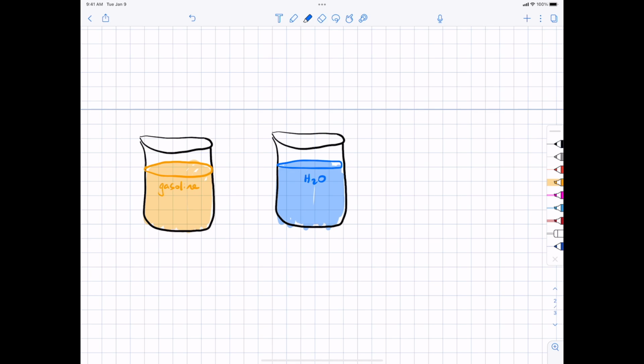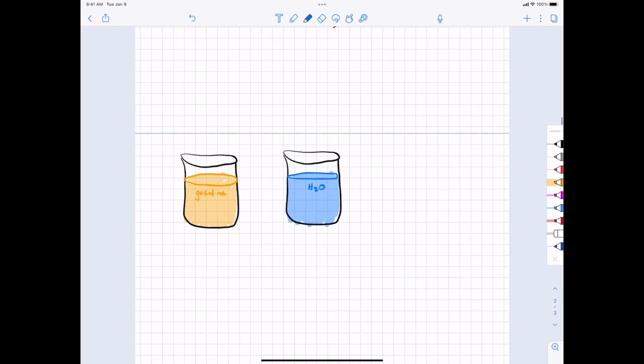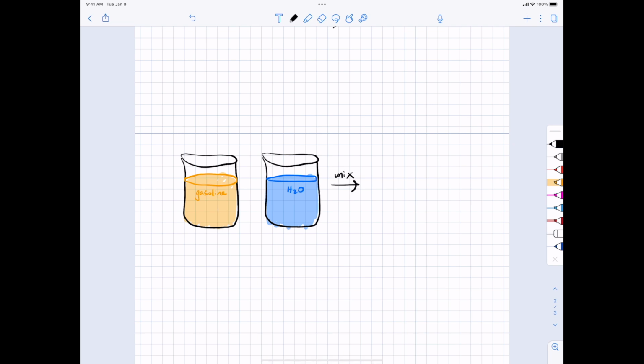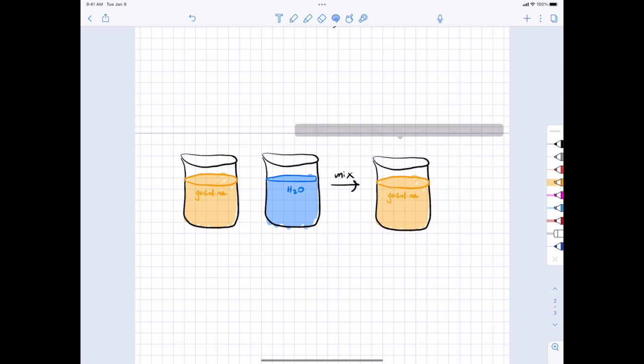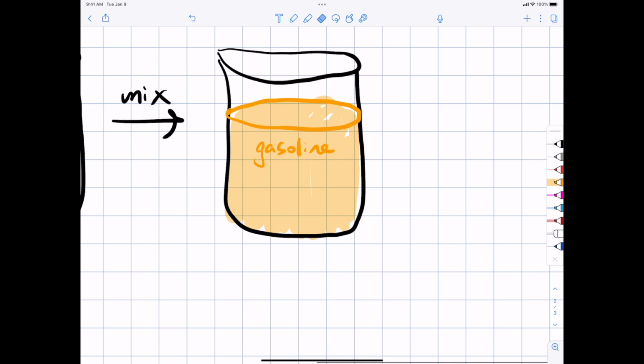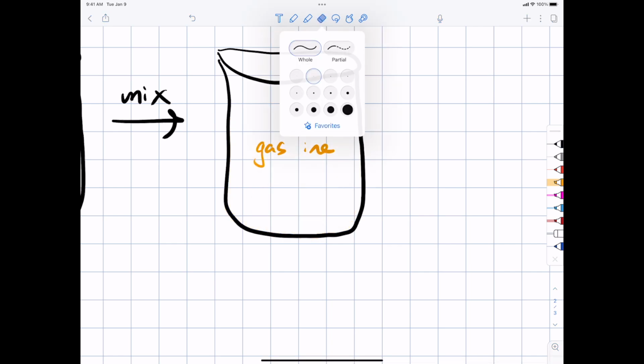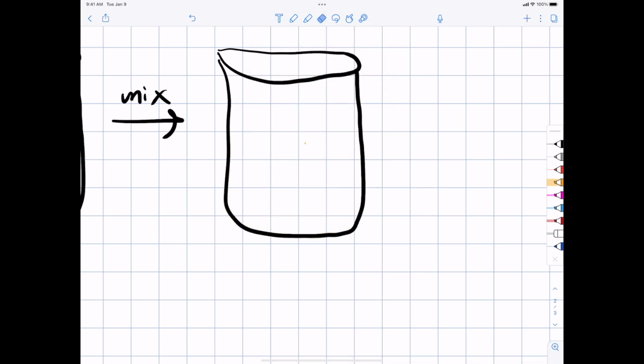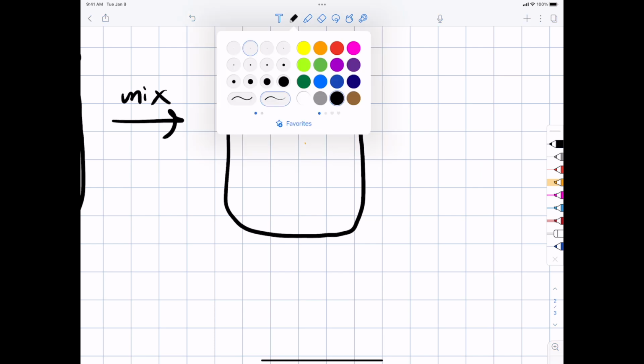Anyway, so you've got these two different substances, and if we mix them together, they refuse to mix together. So if you tried to mix them together, what you would end up with, and I think it depends on the relative density of gasoline versus water.